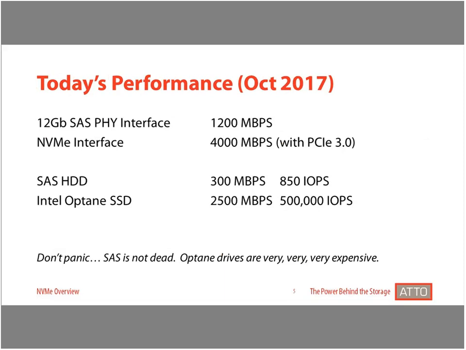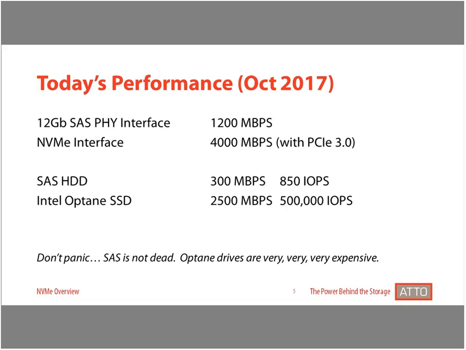So to give you an idea of what today's performance looks like, as you know, a 12 gig SAS PHY interface is about 1,200 megabytes per second, where an NVMe interface today is about 4,000 megabytes per second with PCIe 3. And with PCIe 4 coming out shortly, that doubles it to 8,000 megabytes per second.